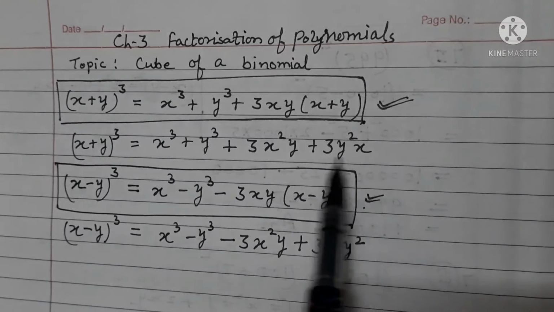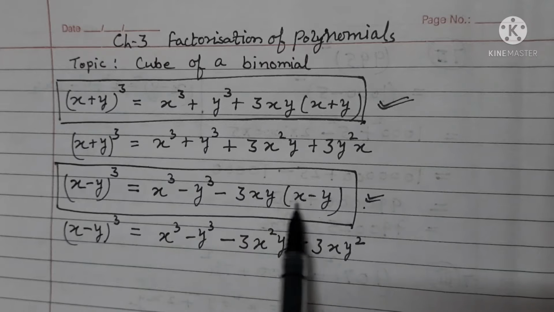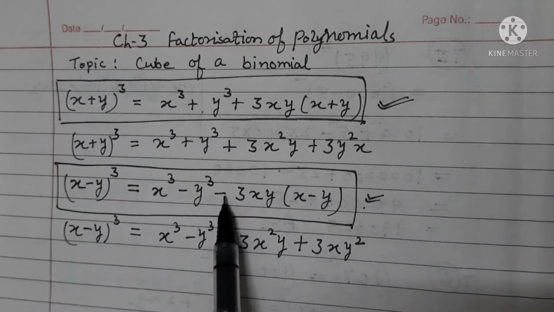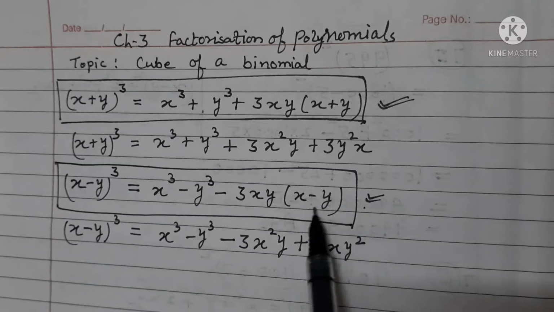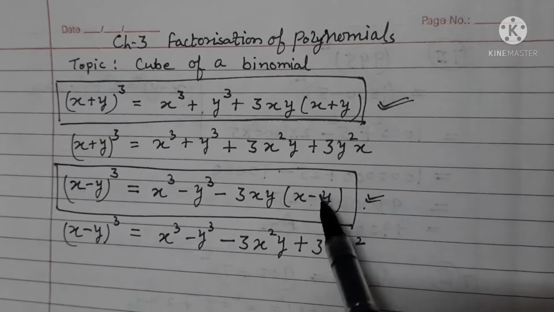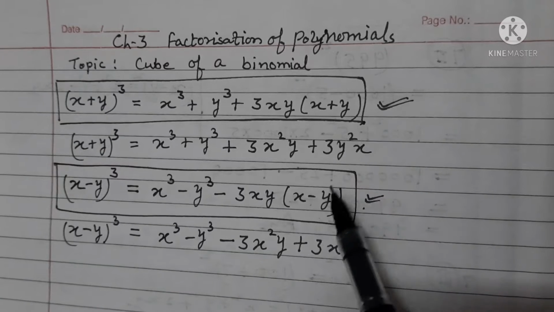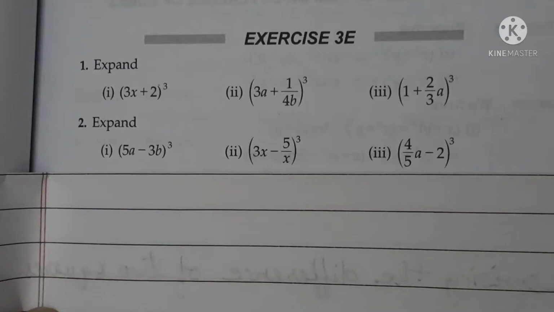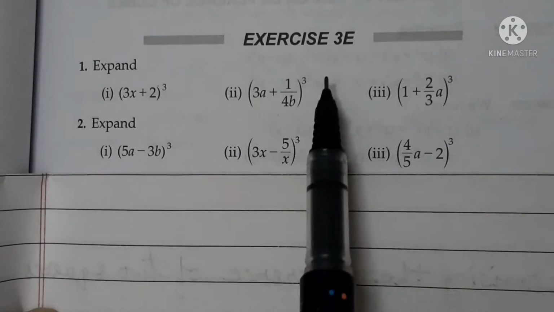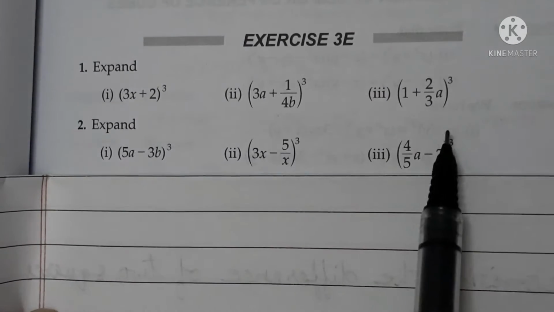For minus, all the terms are linked with minus signs. This is the important thing, and just for learning purpose you remember these 2 points. Now let's do exercise 3E based on cube of binomials.